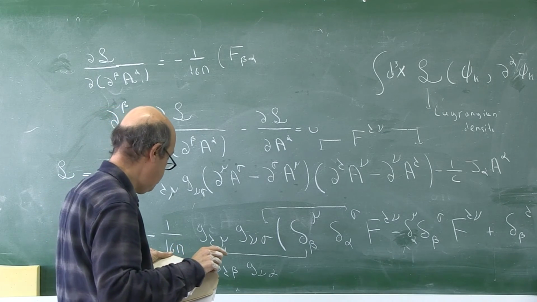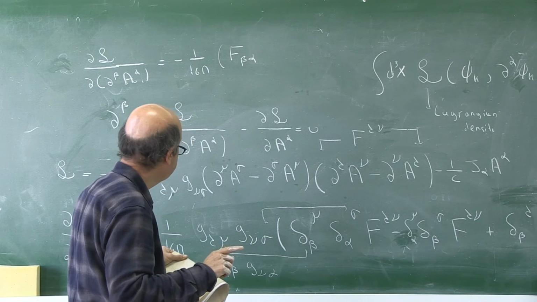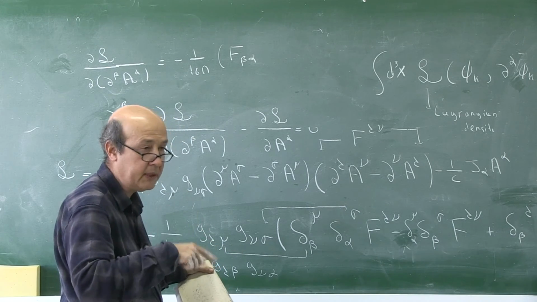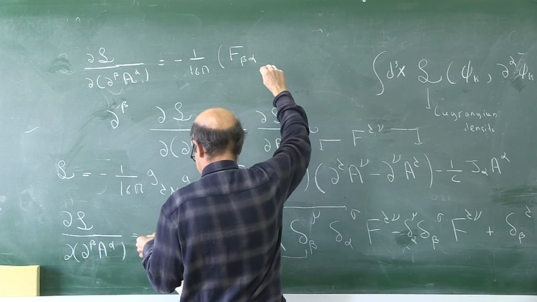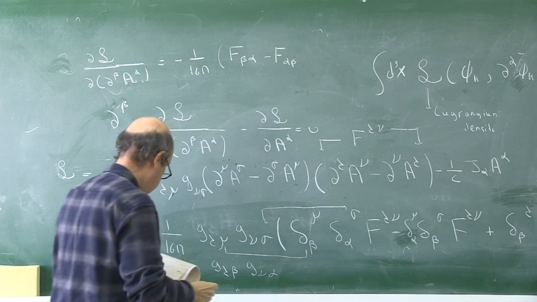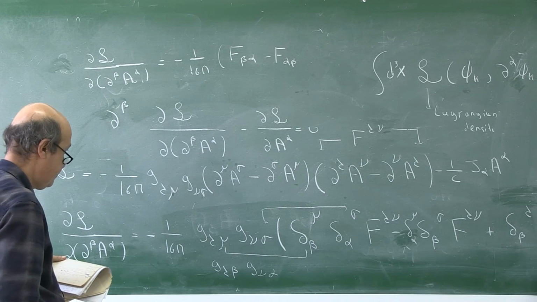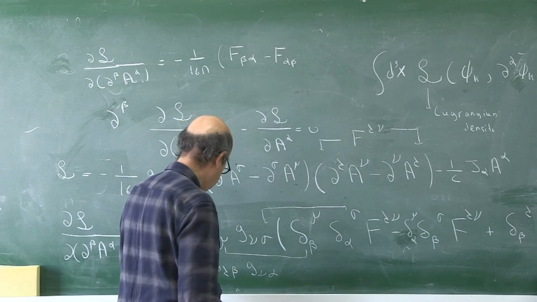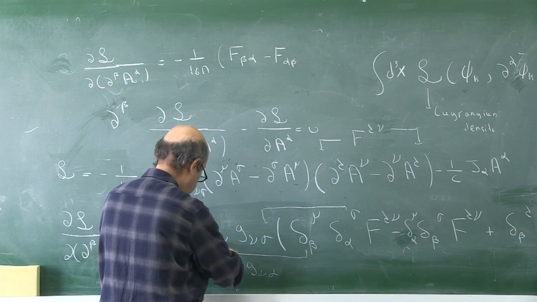So if you do the second one, you will obtain alpha beta. Yes, alpha beta, but the index will be down again. So the second one will be f alpha beta. So can we check this? Let us look at this.